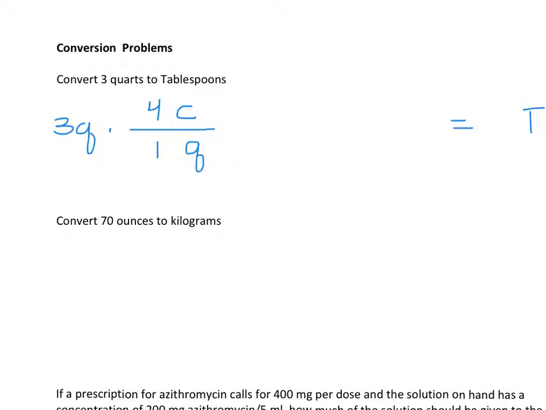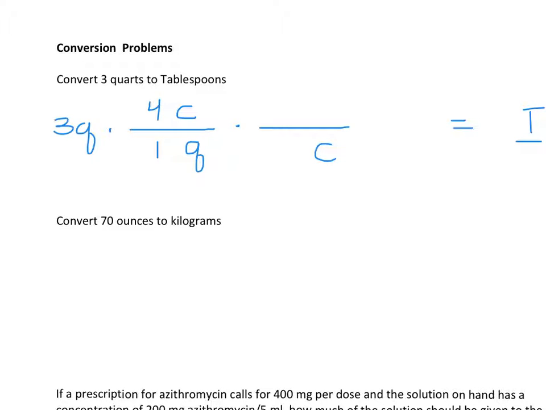Okay, now that's great. That's going to give us cups, but we want tablespoons. So again, we're going to multiply by another ratio. And we always know we want to cancel out all of the units, all of the labels that aren't the tablespoons, right? We want to end up with tablespoons. So to get that cups to cancel out, we've got to put that cups in the denominator.